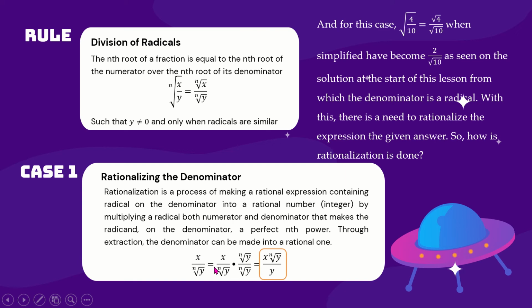In the process of rationalizing, we copy the rational expression x over the nth root of y, and multiply it by the same radical found in the denominator, which is the nth root of y. So multiply by the nth root of y both up and down, both numerator and the denominator.